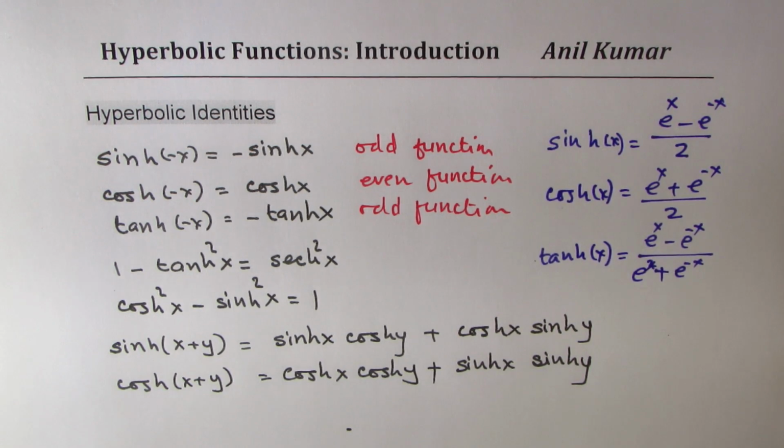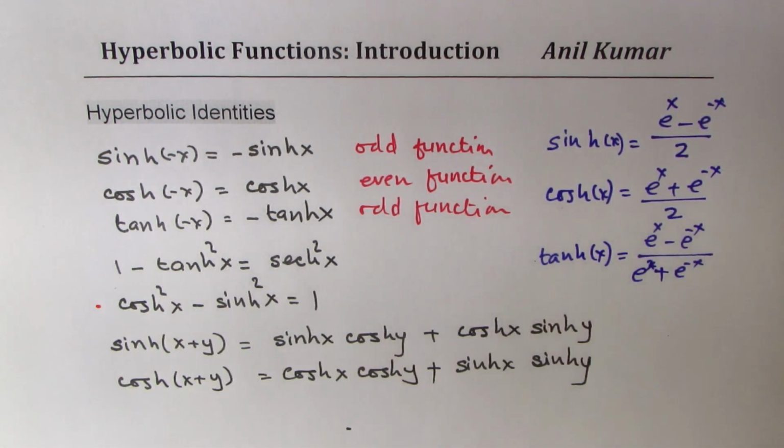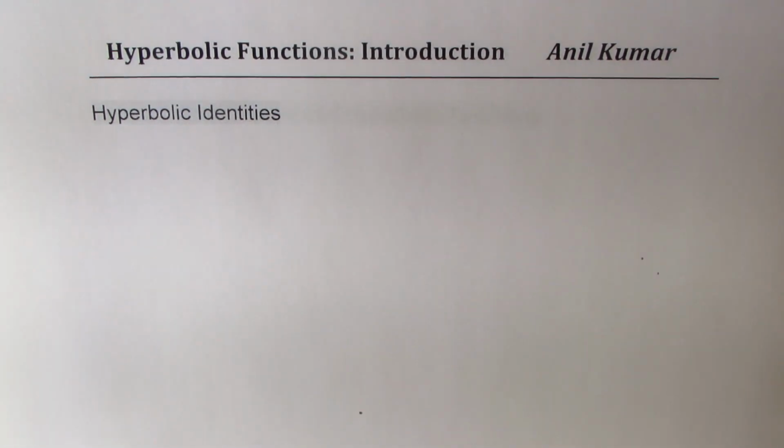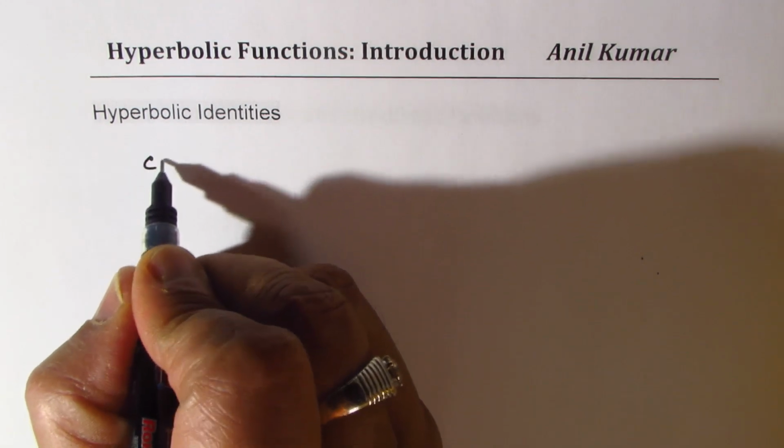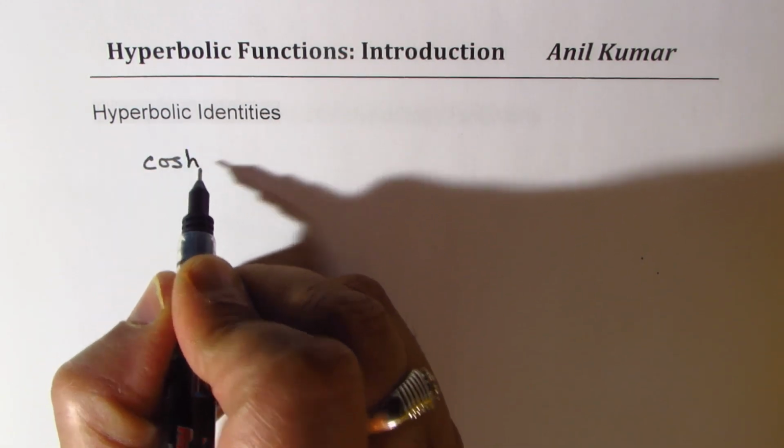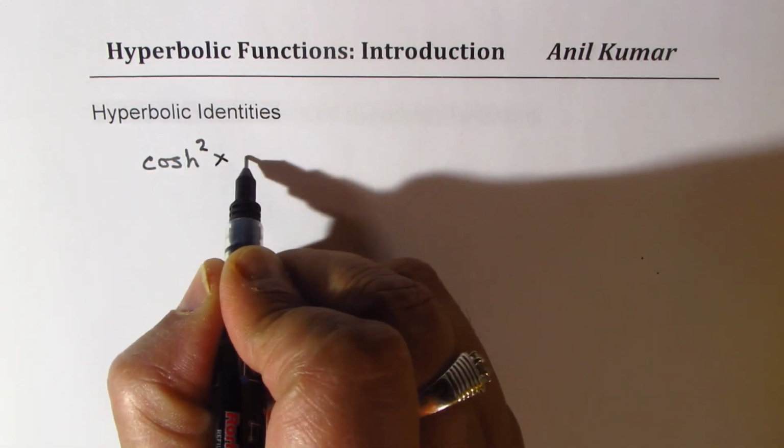So let me do it for one of our functions. We'll take up cosine hyperbolic square x minus sine hyperbolic square x equals 1 and prove it.